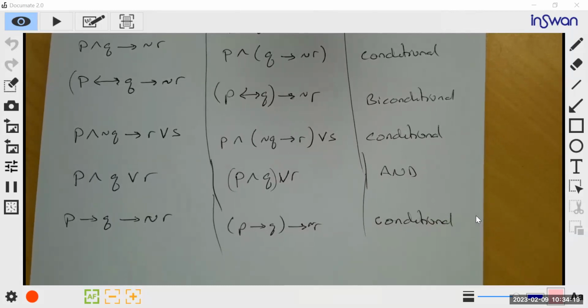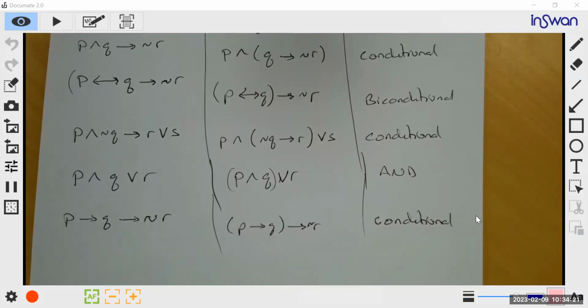If there's nothing there, then you have to say, what do I do first? If they're both the same level of importance, you do those.